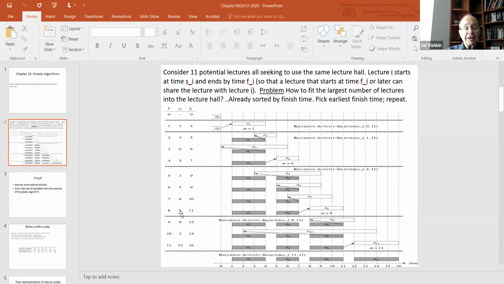And now I reach 8 to 11. 8 to 11 doesn't overlap 5 to 7, right? So I pick this. And then I start taking out 8 to 12, 2 to 14 because they overlap. And finally, I pick 12 to 16. Okay? So this is the algorithm.